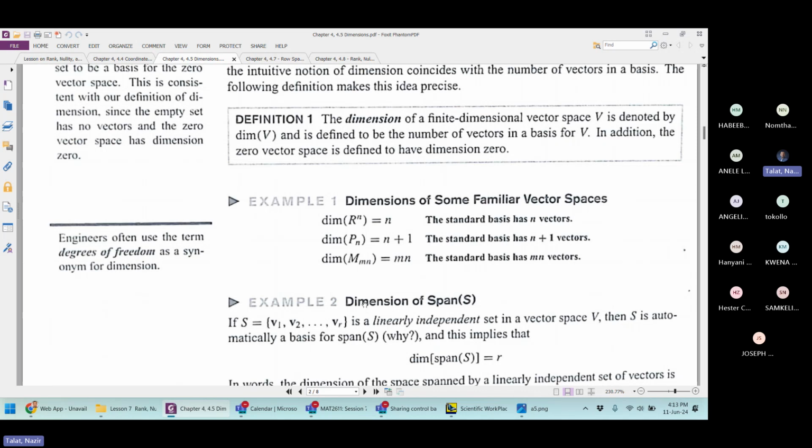There are also many other spaces in the literature of mathematics which are infinite dimensional vector spaces and have no basis.